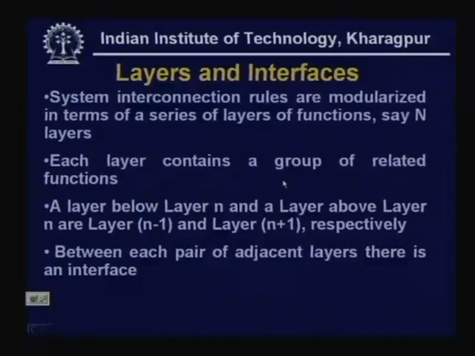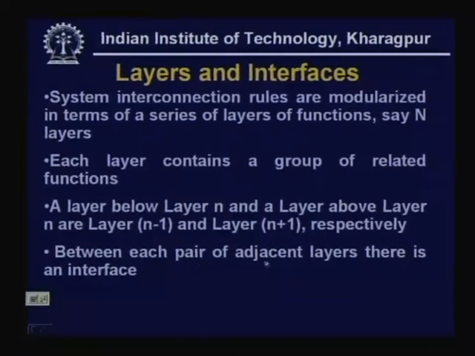That means we shall divide the task into n layers, and each layer will contain a group of related functions. A layer below layer n and a layer above layer n are layer n minus 1 and layer n plus 1 respectively. So we have to give names to the layers, so that the topmost layer will have the highest number and the lowermost layer will have the number 1.